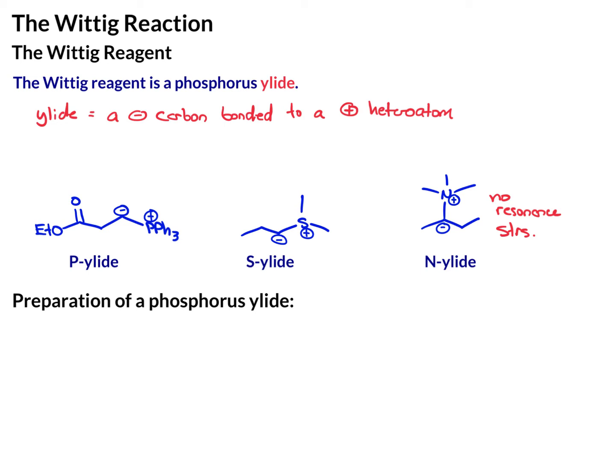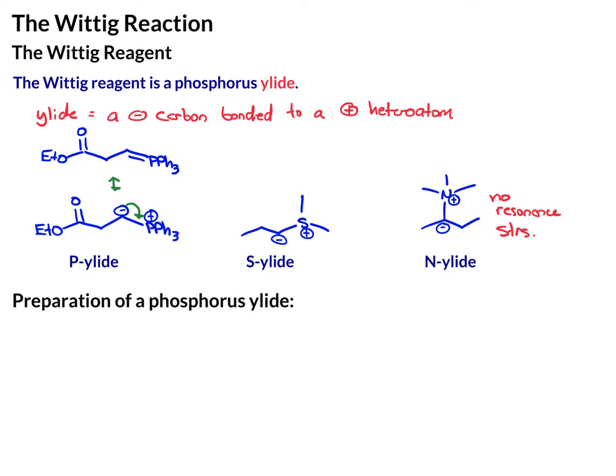So even though right now, as shown, the phosphorus has 4 bonds and no lone pairs on it, we can draw a resonance structure moving those electrons between the carbon and the phosphorus. So if we do that, we get the other resonance structure.